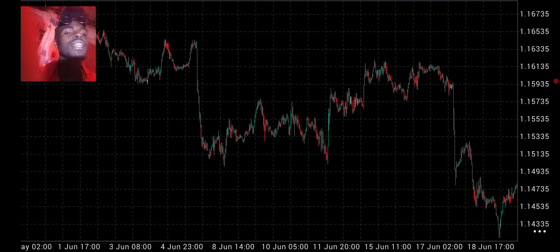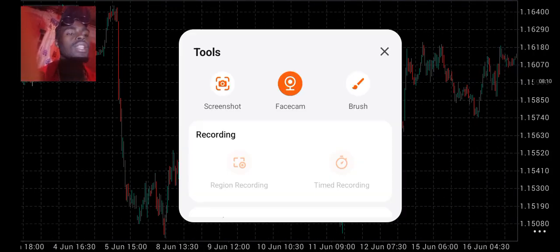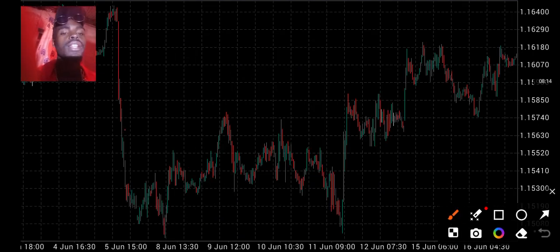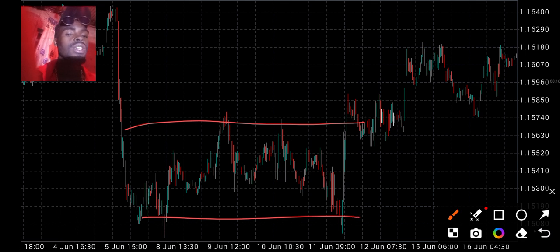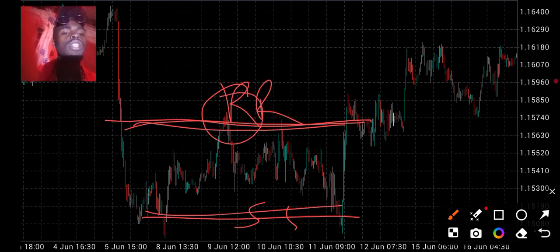If the market is ranging, you can also trade. For example, in a ranging market, the market is forming something like this, you just draw. So here we draw what we call resistance zones, and this is what we call support zones. You just draw these two lines. When the market turns here, you wait for a confirmation.